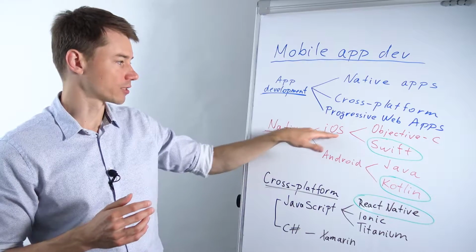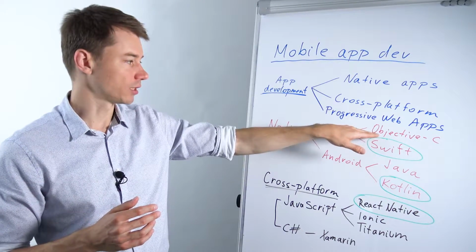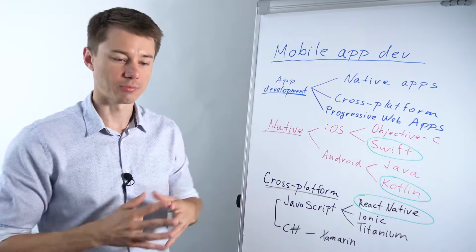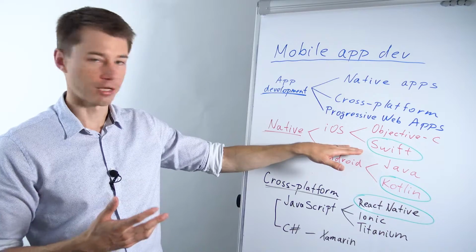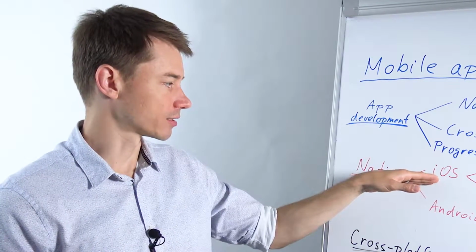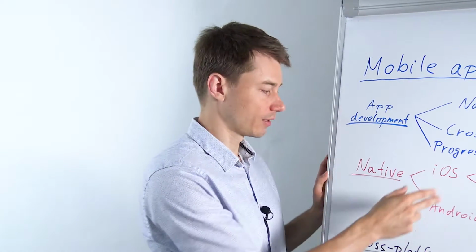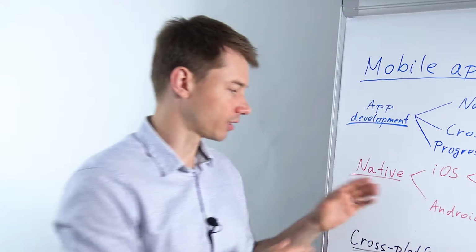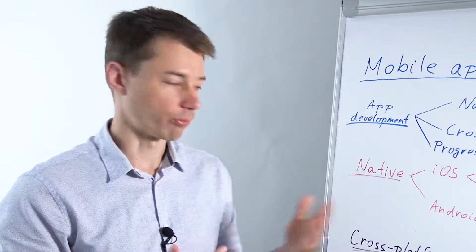On iOS you have Objective-C or Swift programming language. Objective-C has been historically used. Swift is a new programming language pushed by Apple. So iOS is an operating system by Apple, and Android is an operating system developed by Google.